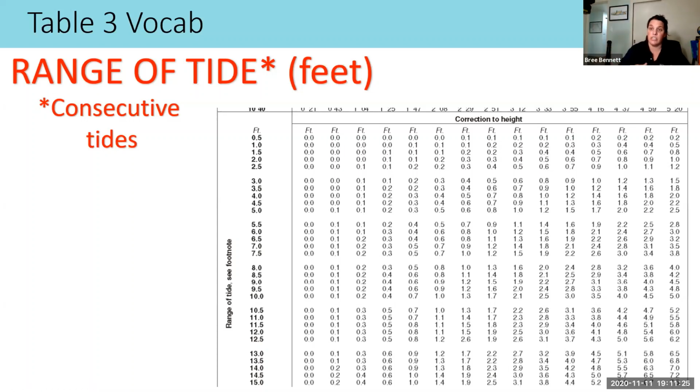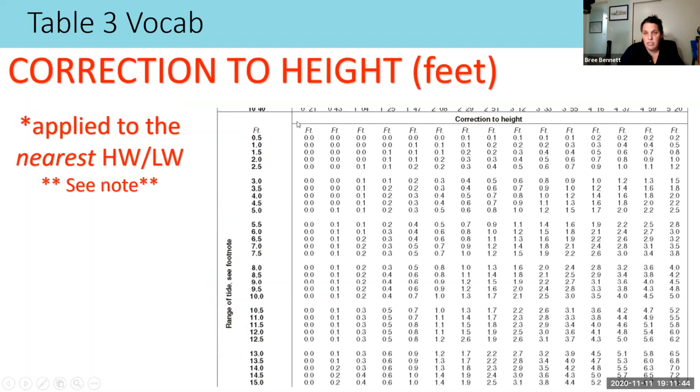What is the range of the consecutive tide? Whatever that range is, let's call it 8. We'll have our range of 8 feet. Then we have our correction.